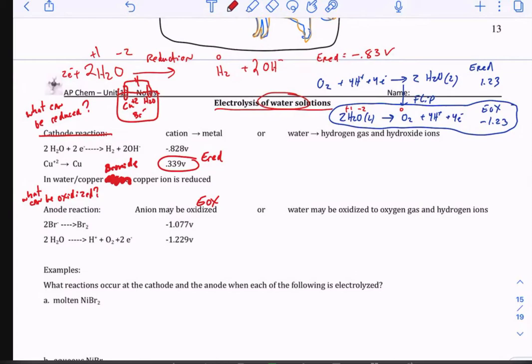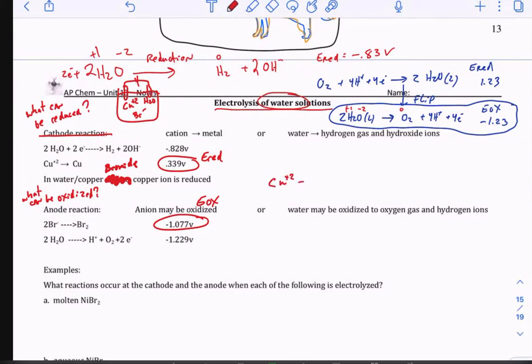Water can be oxidized, and if it is, then we get hydrogen ion, oxygen gas, and the oxidation potential is negative 1.229. So between the 2 of these, the higher oxidation potential is the one that will happen, and thus the overall reaction will be Cu.